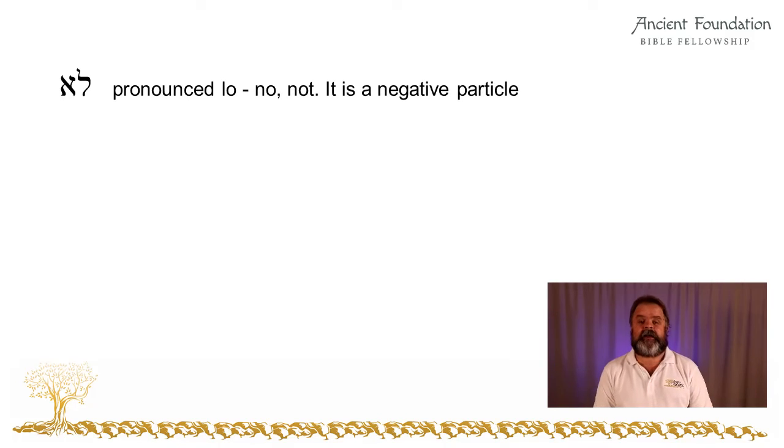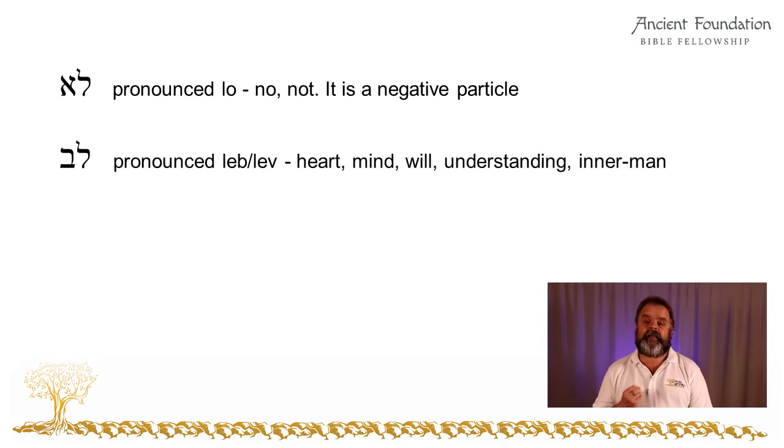The next word that starts with the lamed is pronounced lev, and this is the word for heart, literally your heart, the organ, and the mind, will, understanding, or the inner man. See, in Hebrew, the heart is connected to the mind. That's how they view it in their Hebrew mindset.